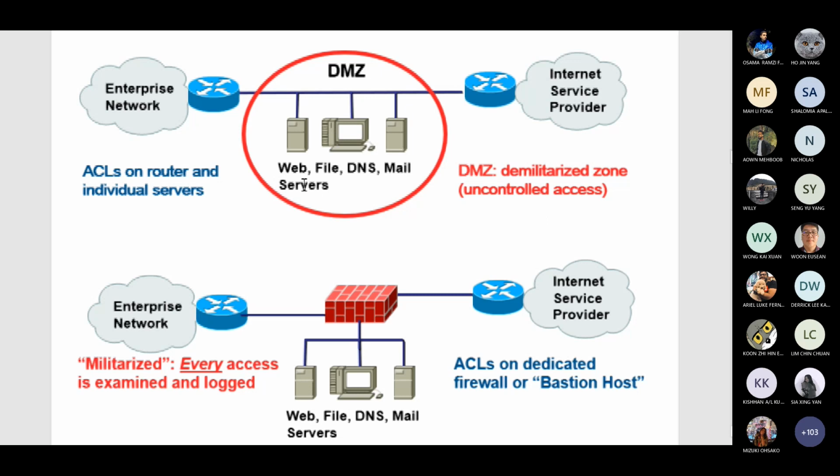So we might have web servers there, might have mail servers there, so that they have pretty much unrestricted access for incoming traffic from the internet. Instead of DNS there, I might put LDAP. But basically, what we do is we have some unprotected servers here. And then we take some extra care.